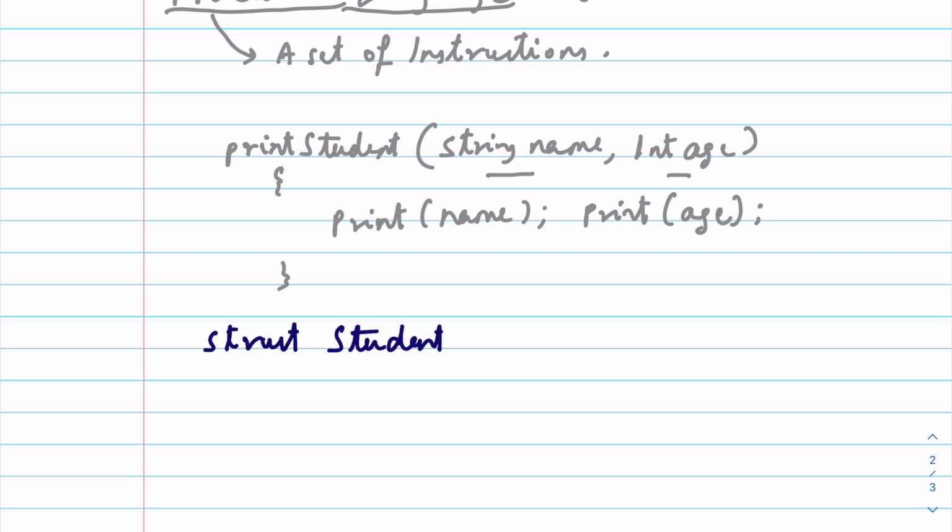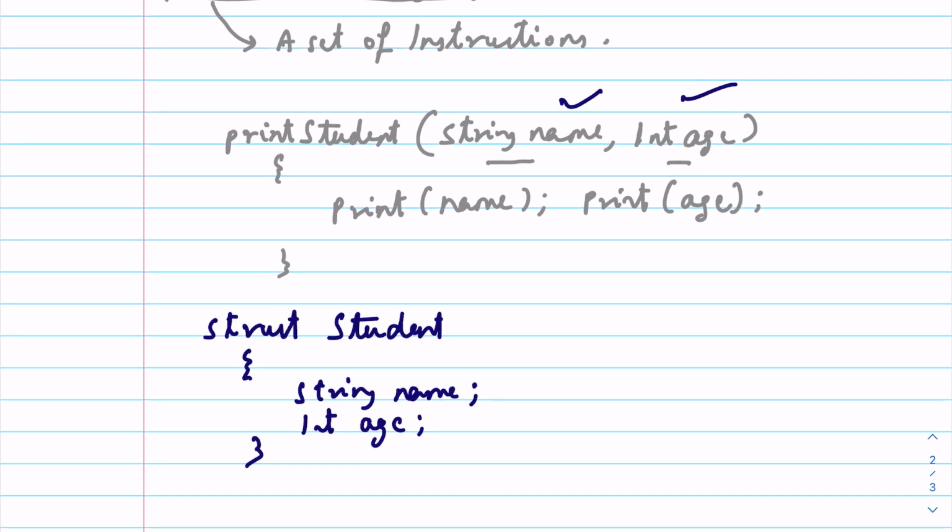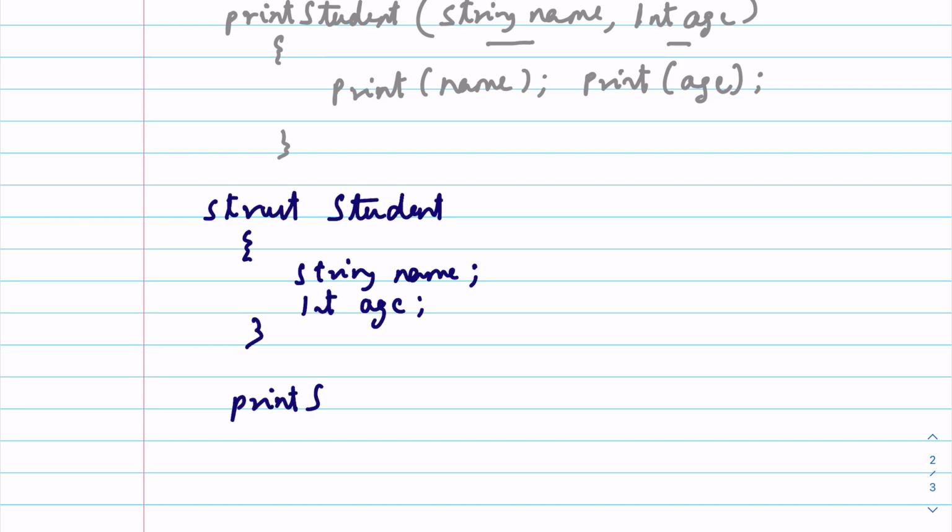So you define something called struct student, and you create the data of the student within it. The data can be string name, int age, and so on.